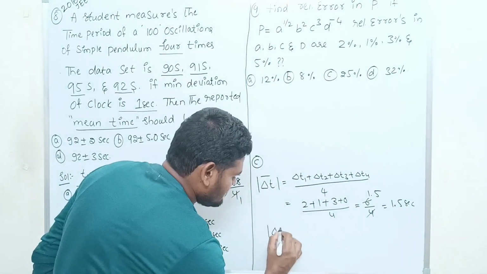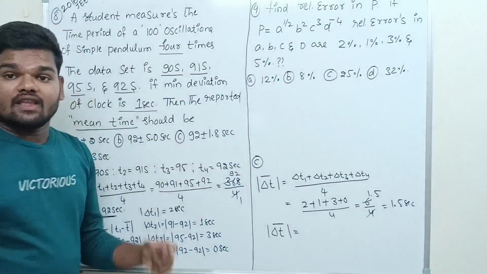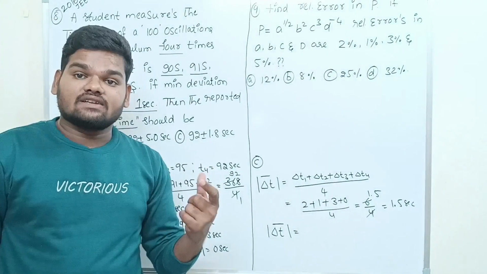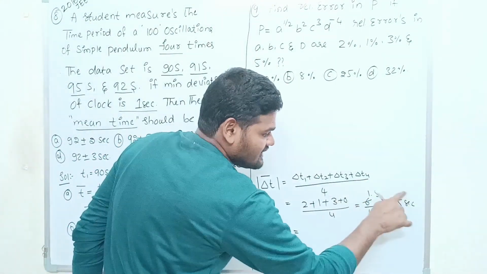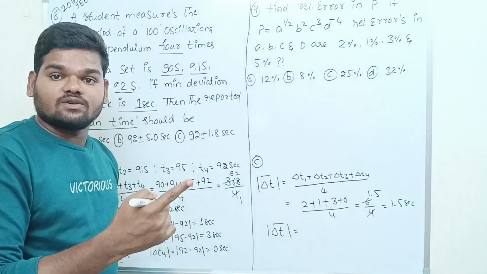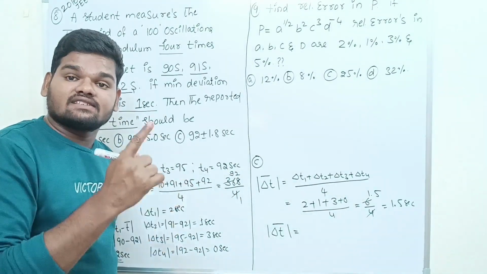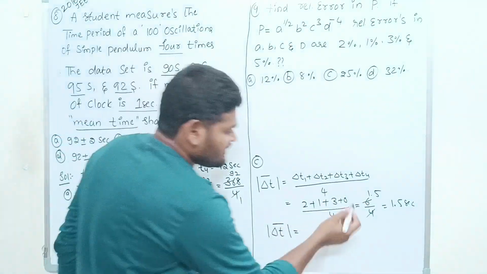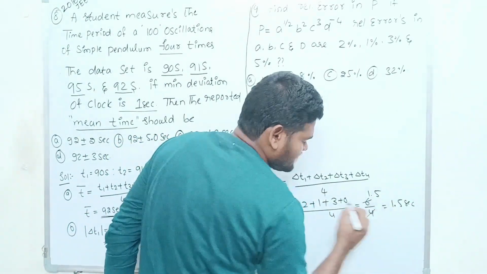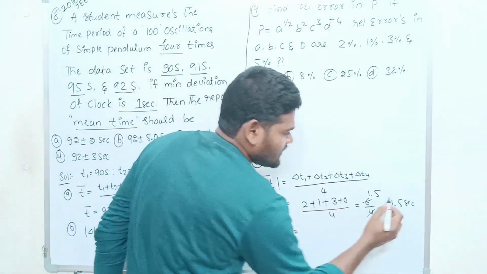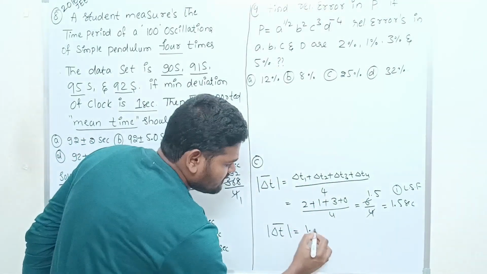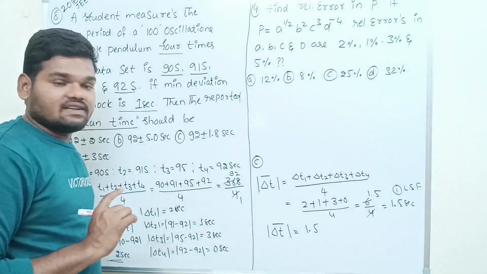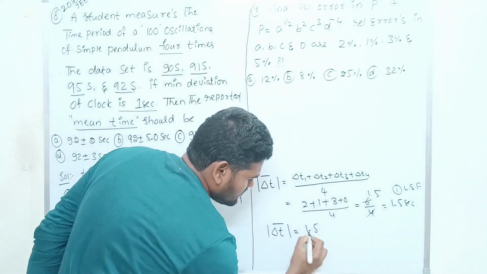One thing you should keep in mind. In rounding of numbers, I told you that whenever you are doing divisions, the result should be rounded to the least number of significant figures. In the given values, what is the least significant figure? 1, 1, 1, 1. So 1 is the least significant figure. So 1.5 should be rounded to one significant figure, that is up to 1.